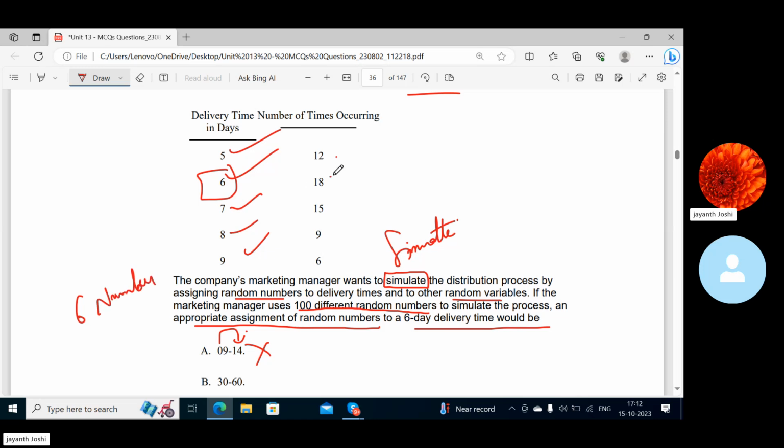We are concerned with how many numbers there are, not the number of times occurring. From 9 to 14 there are 6 numbers. For a 6-day delivery, like delivery time in days, we want how many numbers? 18 times. We want 30 numbers.